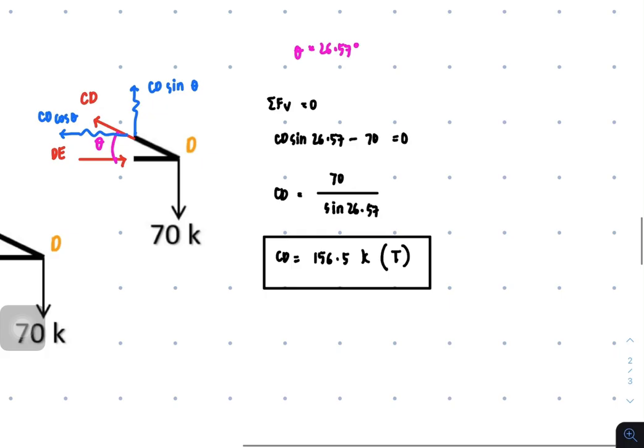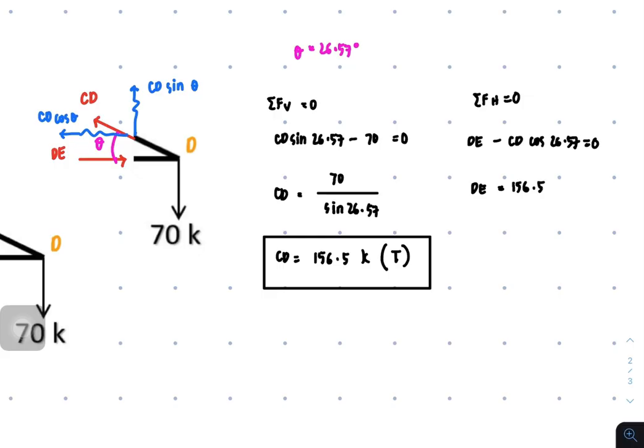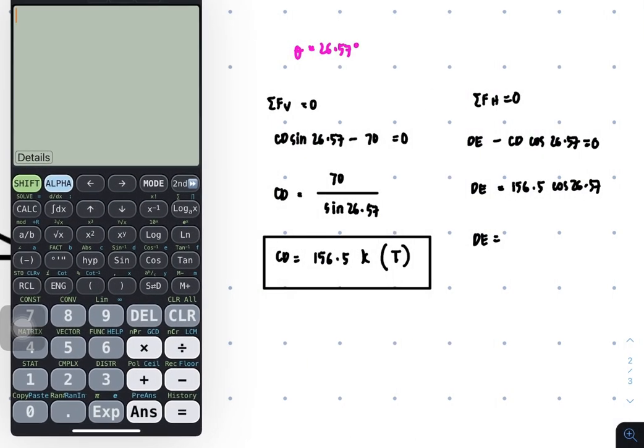Next we're going to have the summation of forces horizontal equal to 0. So you have DE to the right minus CD cosine of 26.57 equal to 0. And transposing CD to the other side, it will become 156.5 positive cosine of 26.57.